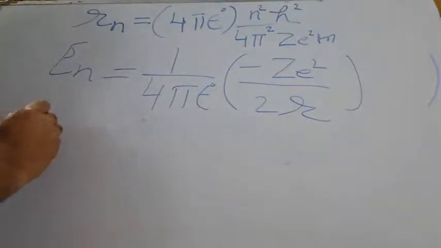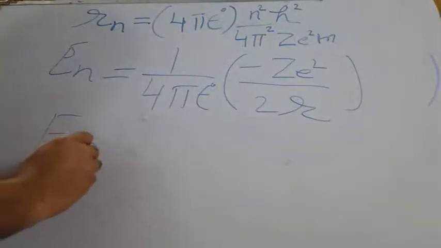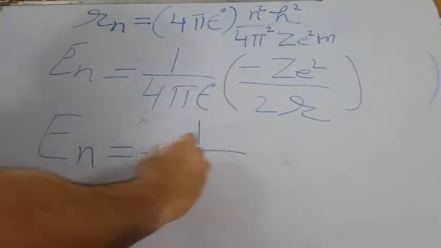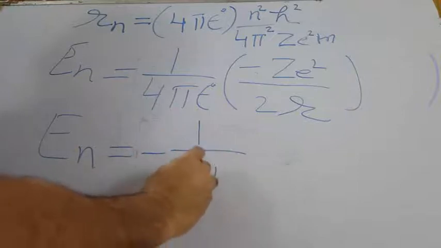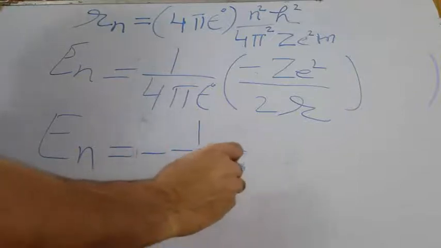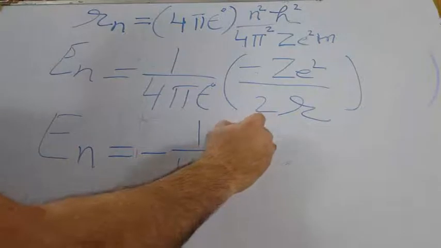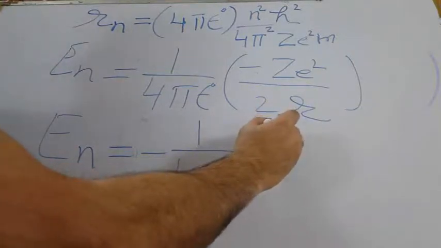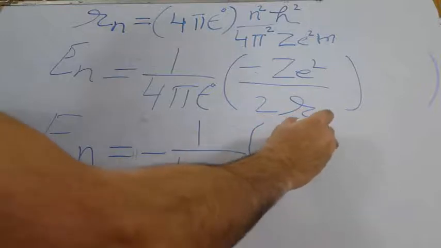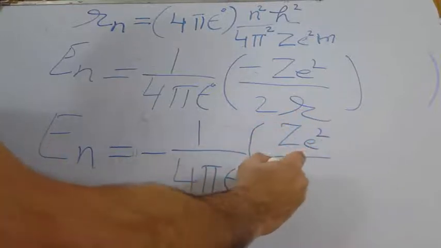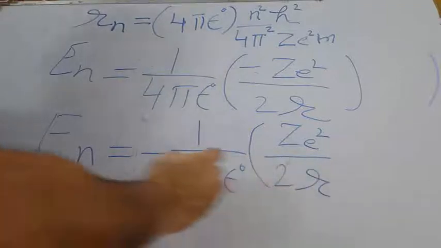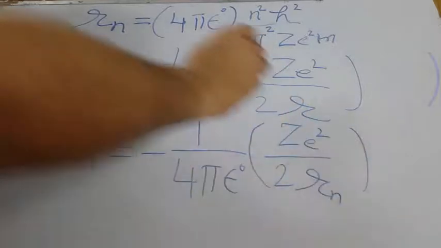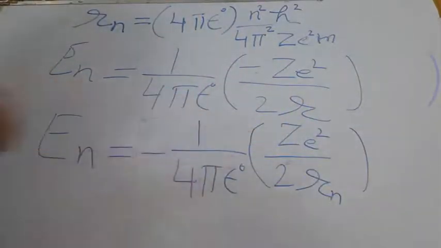Or we can take the minus sign out, minus 1 upon 4 pi epsilon 0 Ze square upon 2r. If it's the nth orbit, this is also r of the nth orbit. Here this equation comes out.